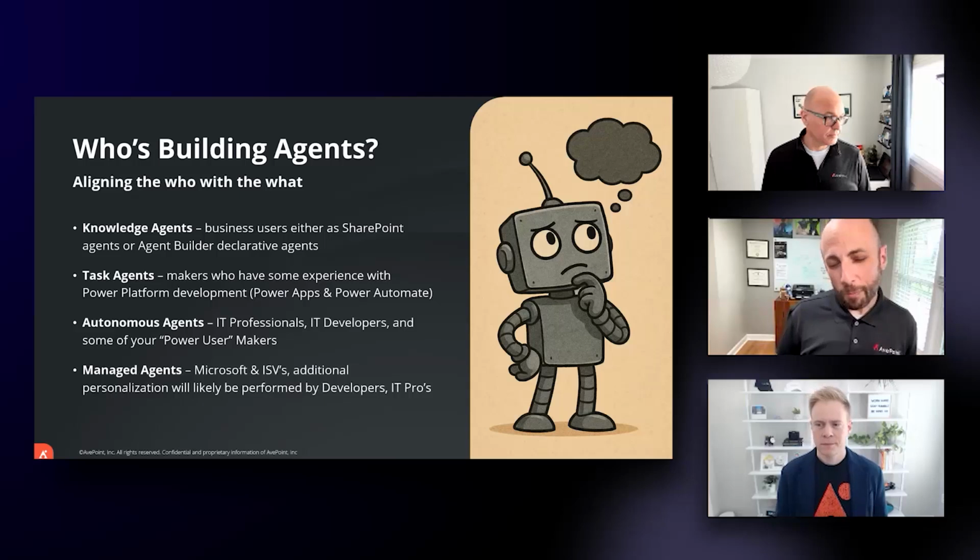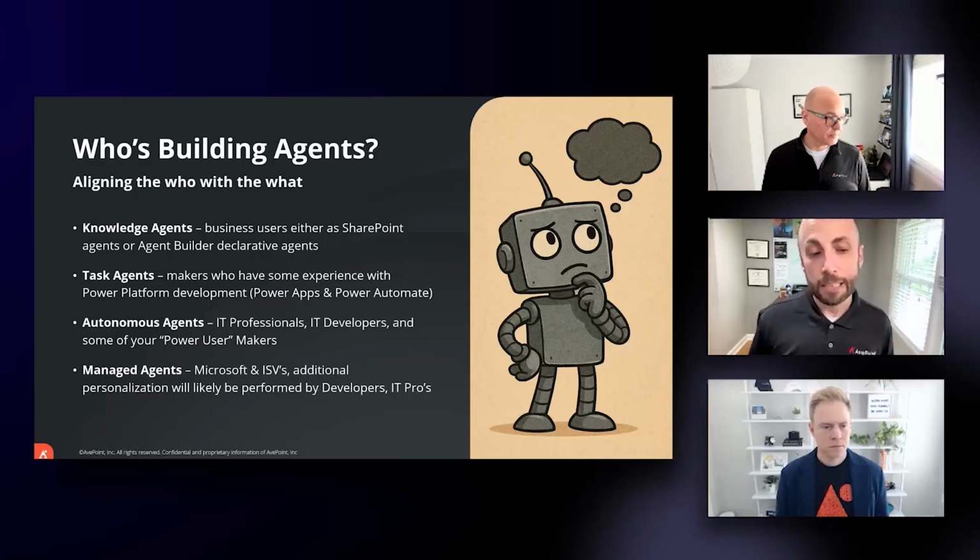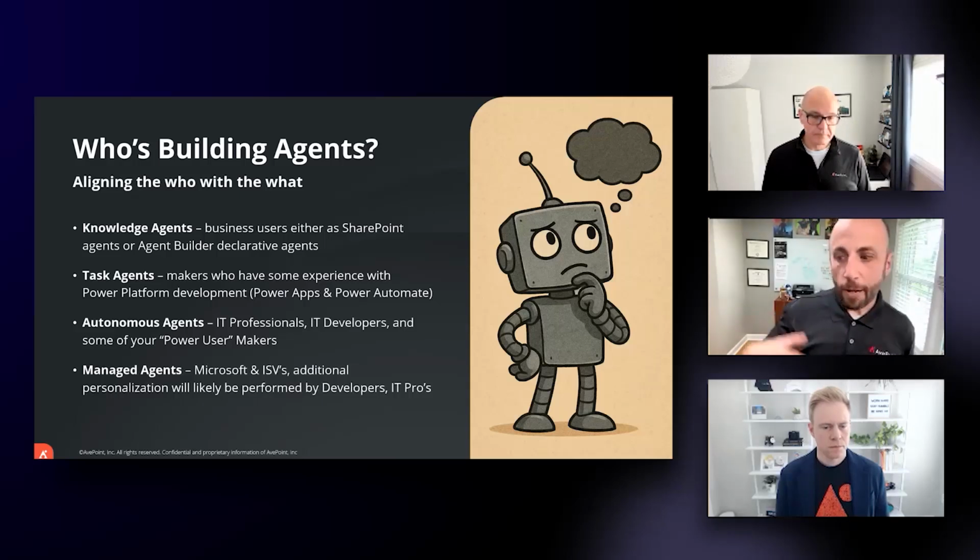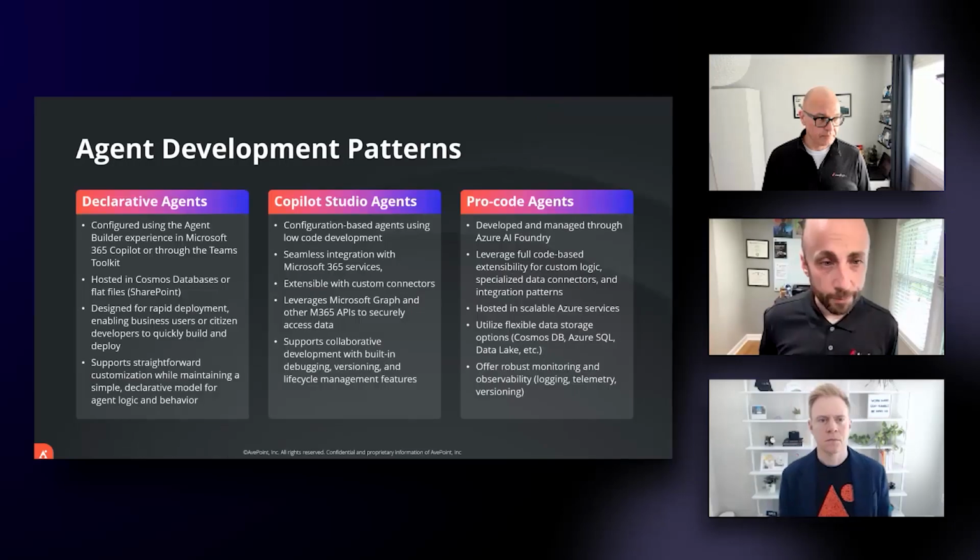So those are most likely going to be built by IT pros, IT devs, and maybe your cutting edge, advanced makers. But for the most part, those are most likely to be built initially by IT. And then your managed agents are going to be a combination of Microsoft building these, ISVs creating them, and then you might do some personalization when it hits your tenant. So just want to share again the spectrum of who's building these things, most likely in your tenant.